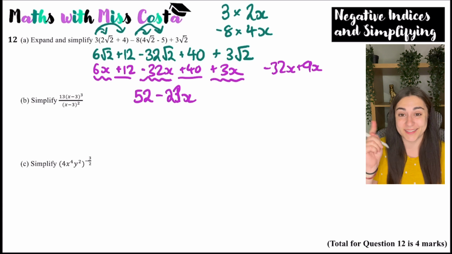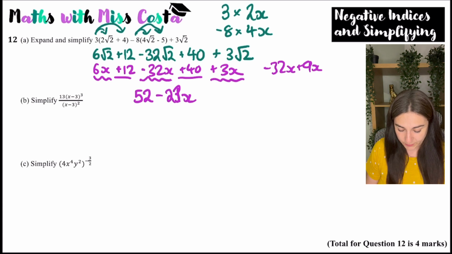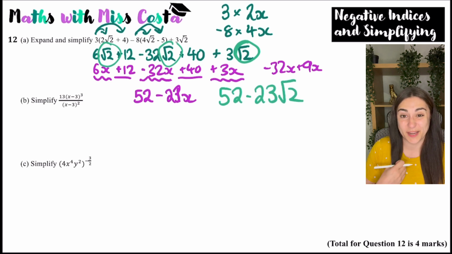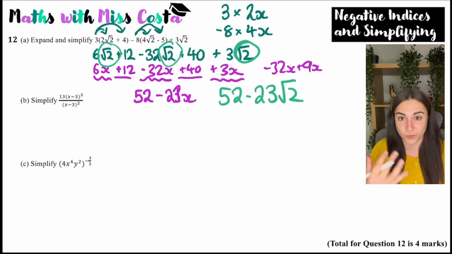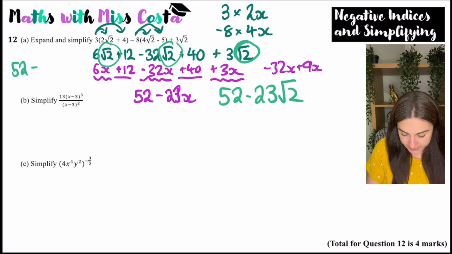That's why it's important to double check. So 52 minus 23x, except this is not algebra, it's surds. So instead of the x, you just write 52 minus 23 root 2. I just showed you the algebra way just to show that if you panic in the exam, turn it into algebra and then the same rules apply. So that would be 52 take 23 root 2.